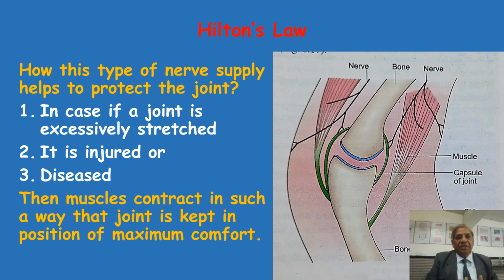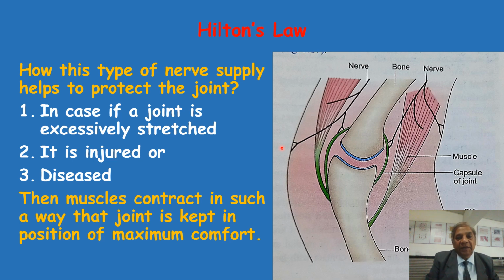Now, how will this type of nerve supply, that is two sensory nerve supplies, to the skin and to the joint, be helpful during disease or during excessive stretch of the joint capsule? What is the utility of this type of nerve supply?